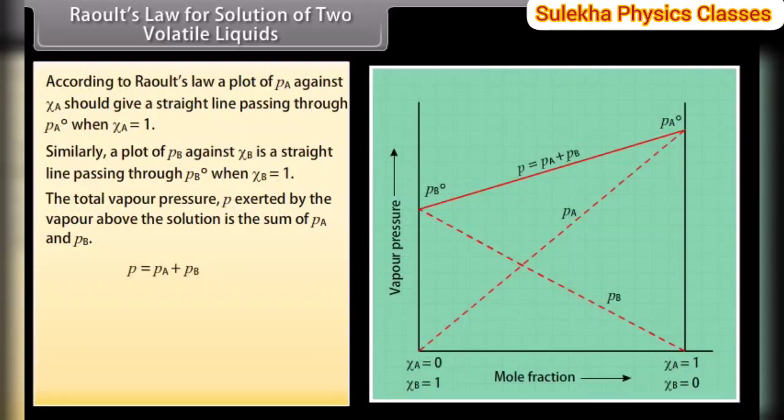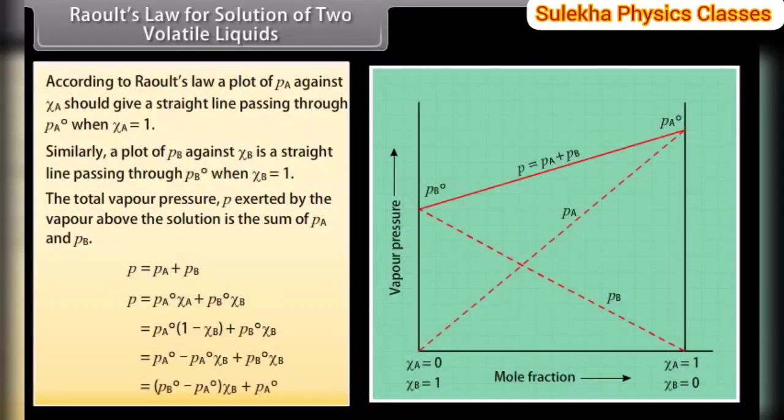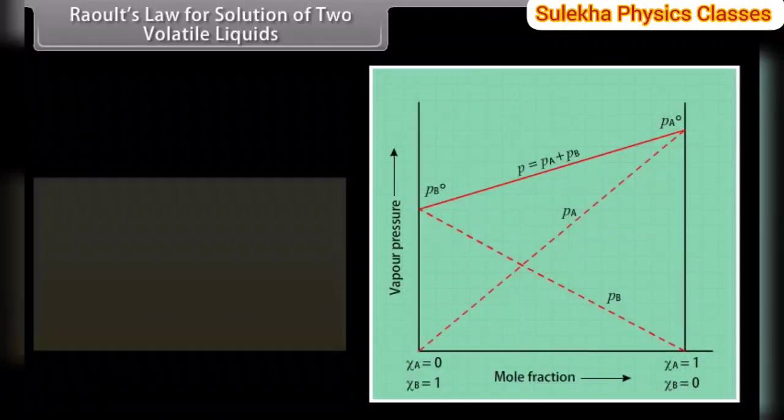The total vapor pressure, P, exerted by the vapor above the solution is the sum of PA and PB. P is equal to PA plus PB. By putting XA is equal to 1 minus XB, we get the relation P is equal to (PB naught minus PA naught) multiplied by XB plus PA naught.